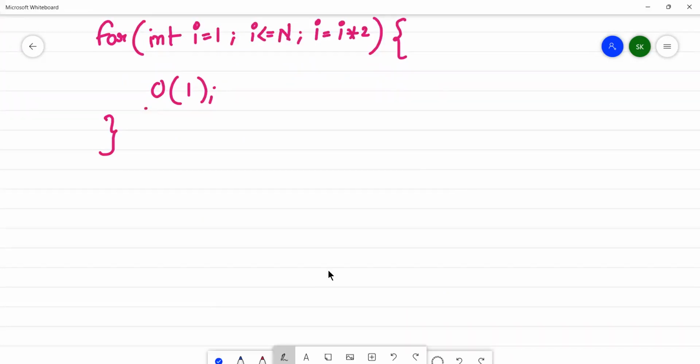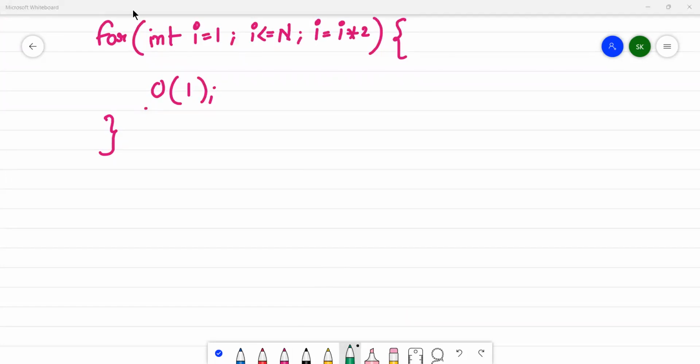Ma'am, I have just one question. If we remove the star 2, the number of executions would be n half. Why n half? Let's say n is equal to 2, then the loop would be 2, 4, 6, 8, 10, like that. If I see the increment in this for loop, it's multiply, not twice.